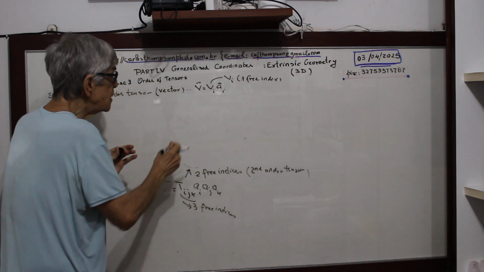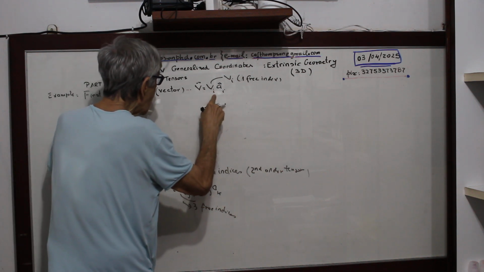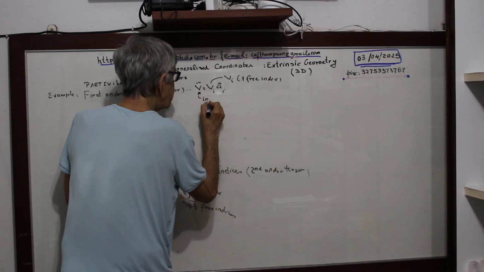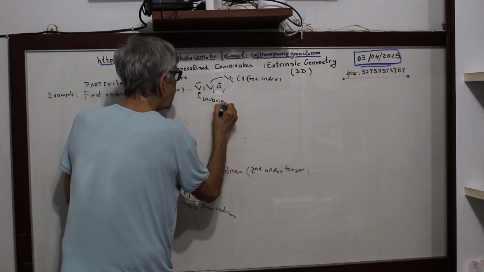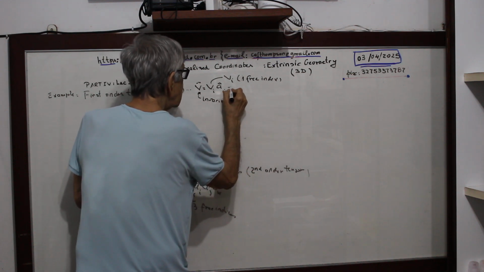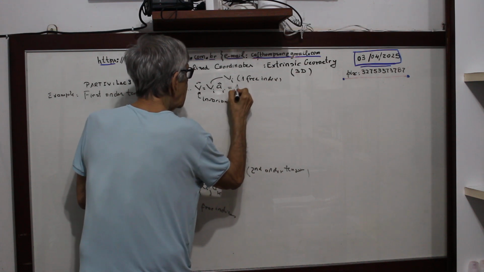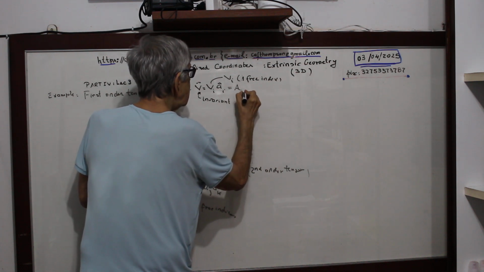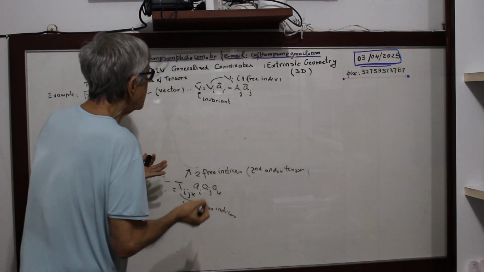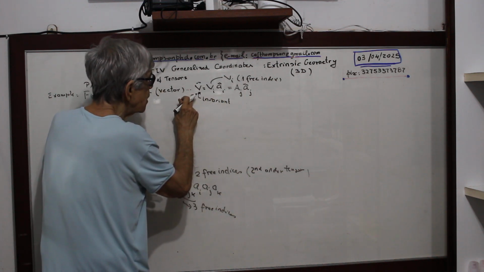Now, since V, attention now, V, not Vi, since V is invariant, I can write here, for instance, the same vector V as Vj Aj. No problem. You see? I just look at here and look at here.